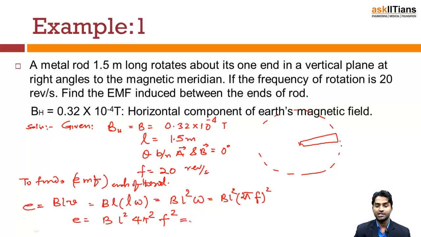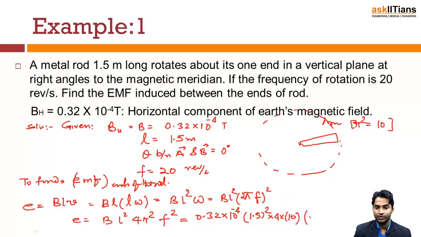On substituting the values, 0.32 into 10 to the power minus 4 multiplied by the length 1.5 meter square multiplied by 4 into pi square, where we assume pi square is approximately 10, and then the frequency, which is given as 20.